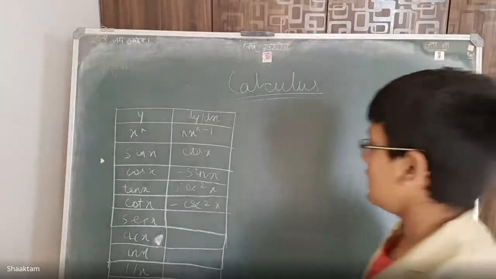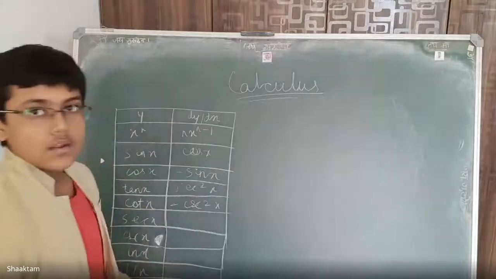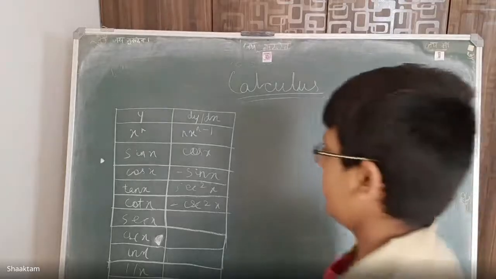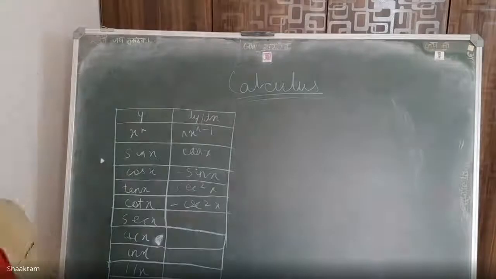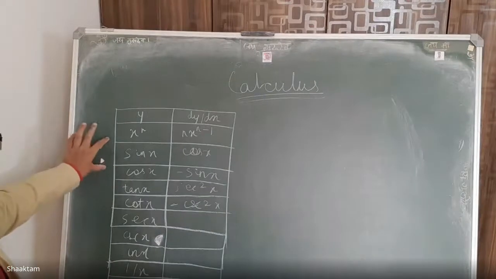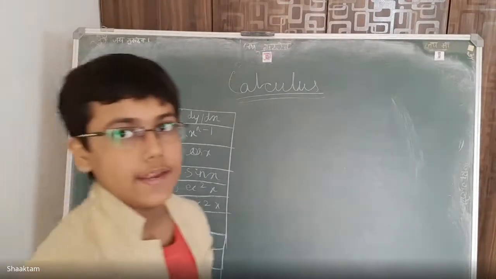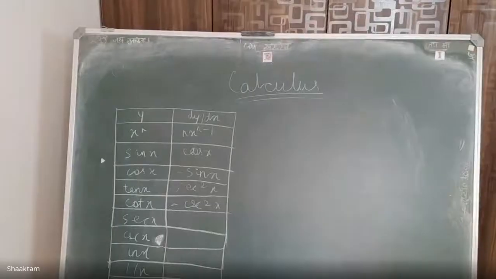Those are formulae. So, do we have to remember them? Yes, you do. This table will be used in every calculus sum. Not in every one, of course. For example, if they ask d by dx of sine x, then you just say it's cos x. But this table has to be in mind.